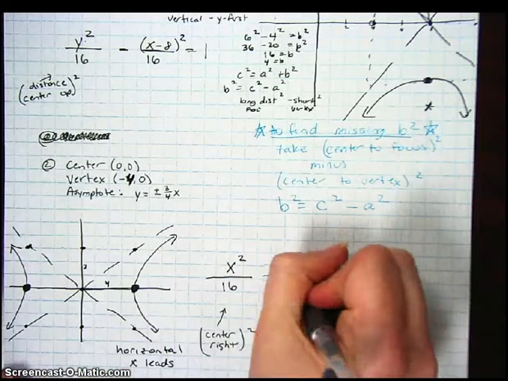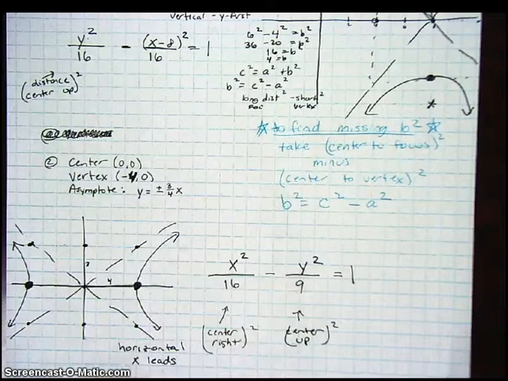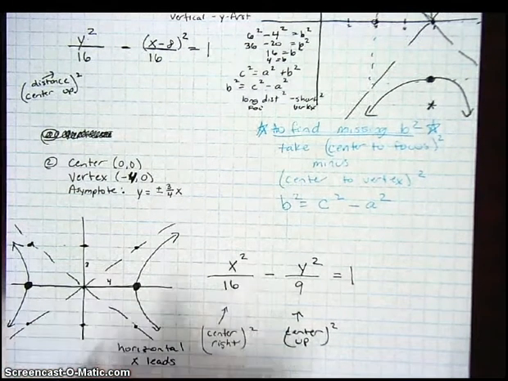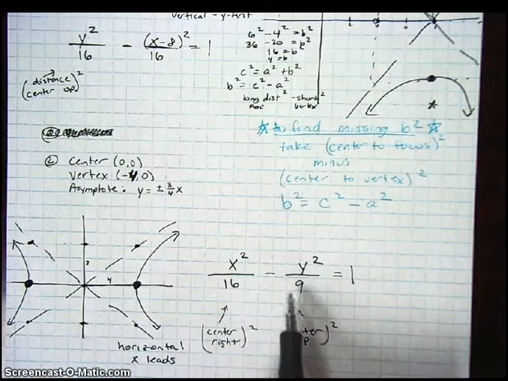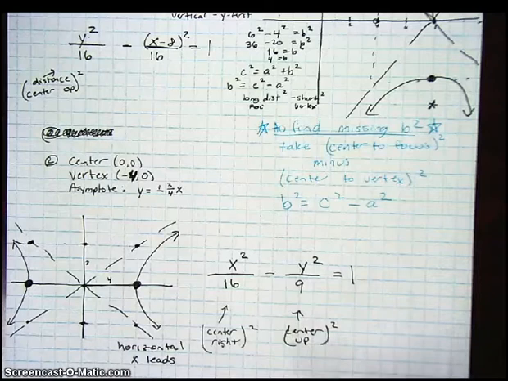So we square that, and 9 will go under my y squared. When it gives you the asymptotes, you want to plot the corners. That way you can determine where those co-vertices would be, where it actually crosses the missing axis, so you can find that b value that is not specifically given to you. However, once you draw the picture, it's a little bit easier to see.